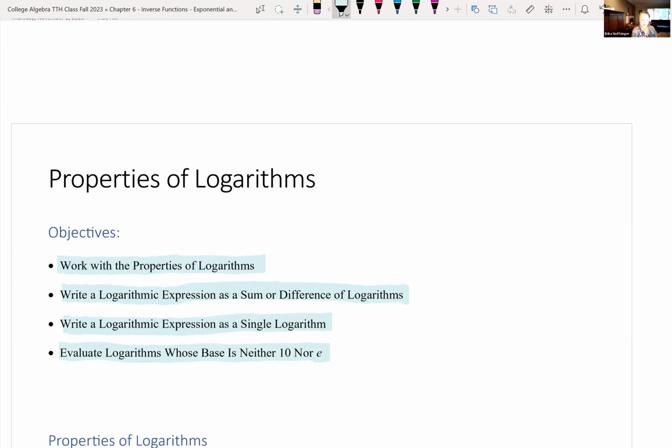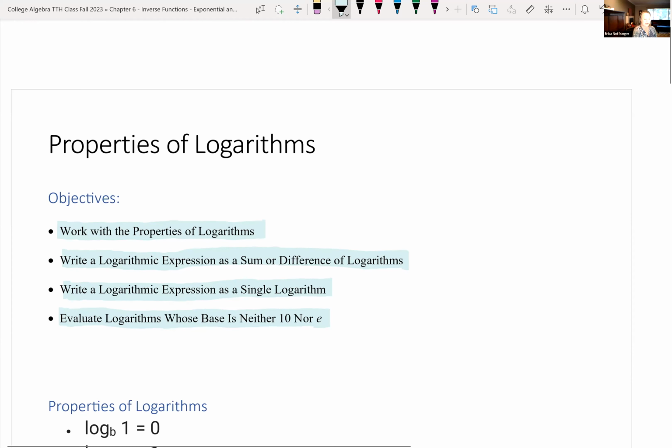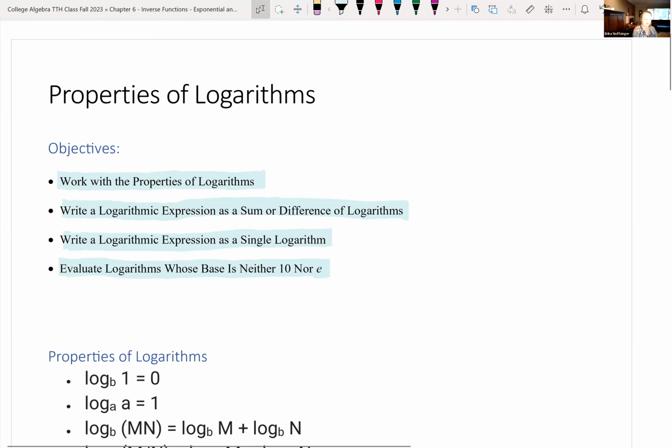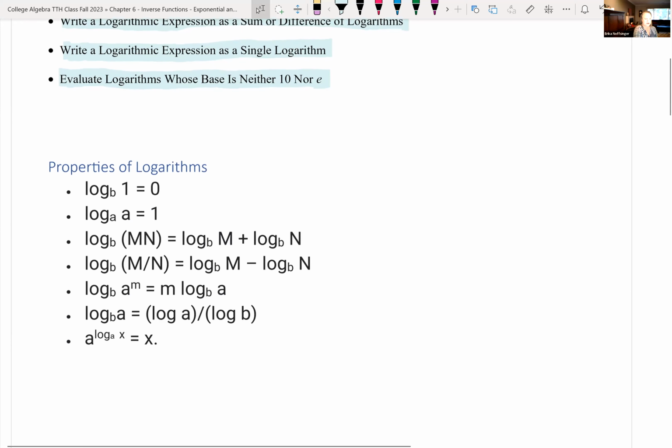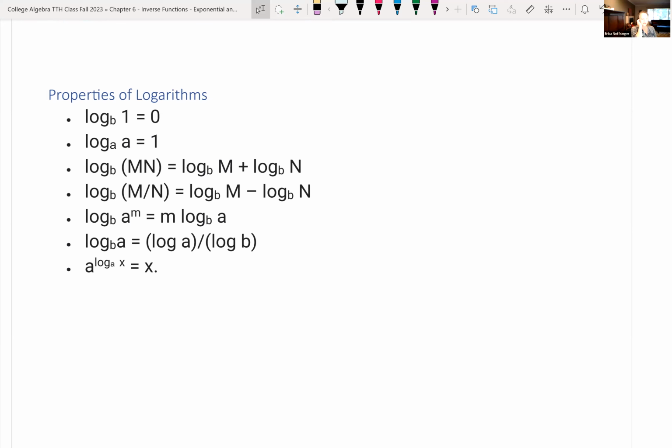Okay, so let's look at properties of logarithms. I don't have probably time to prove all of these, but we can look at some of them and prove some of them. So the first one on here says if we have log base b of 1, this is equal to 0. Before we even show that, let's go back and look at what the definition of a logarithm is.